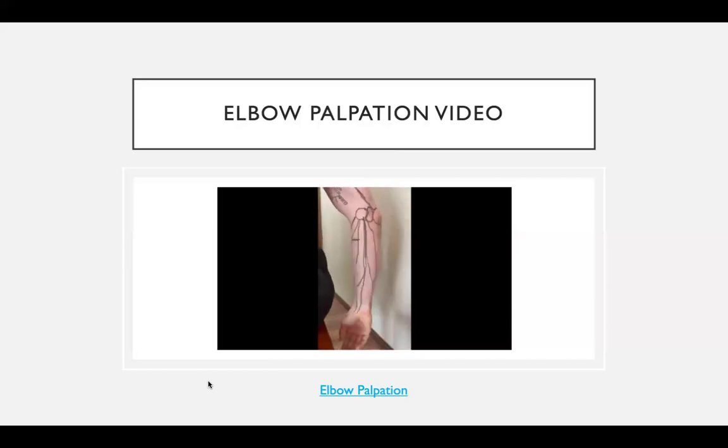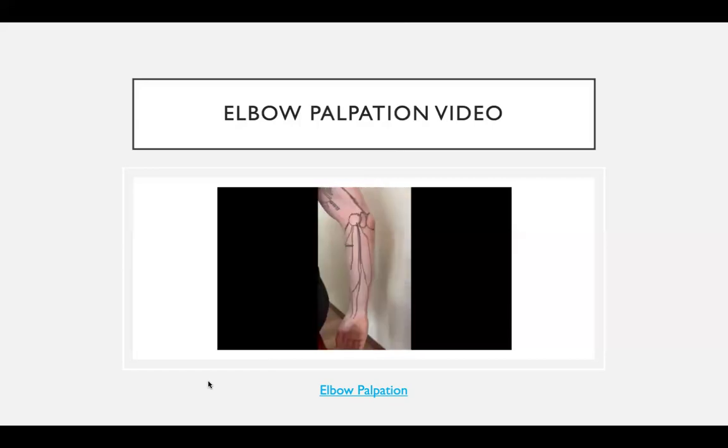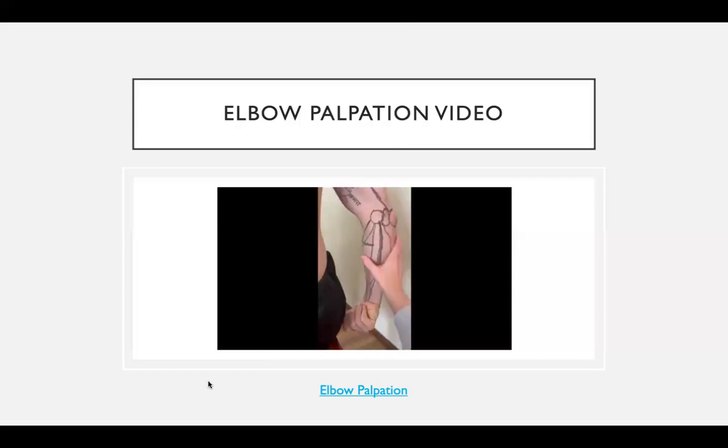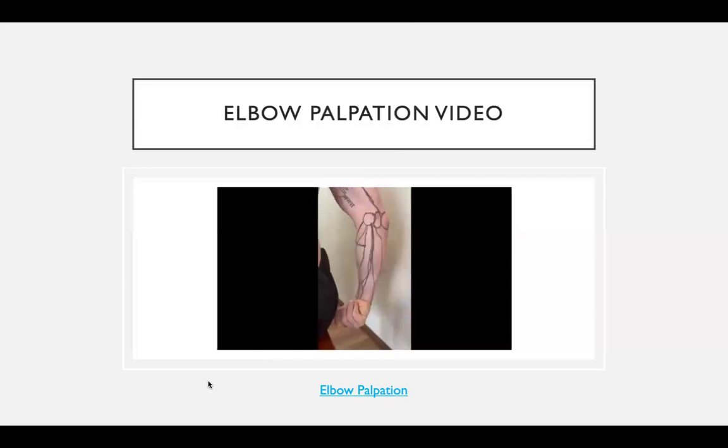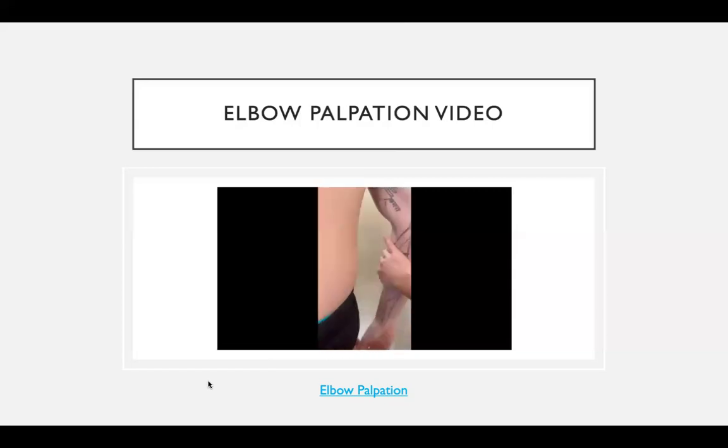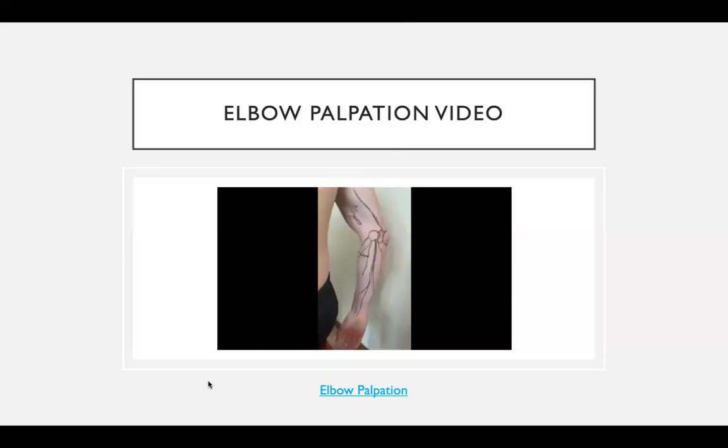For the flexor digitorum superficialis, it's a big muscle that runs all the way across the forearm, and it flexes the fingers. So to help find that, you can flex fingers, and you can clearly see it working. For the pronator teres, it runs from the medial epicondyle across the arm to the radius, and to find that, you can just have the patient resist palm down.